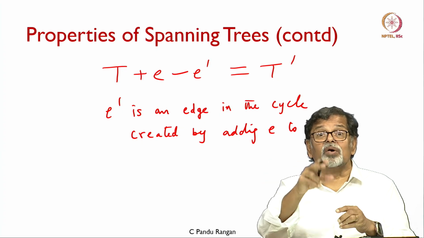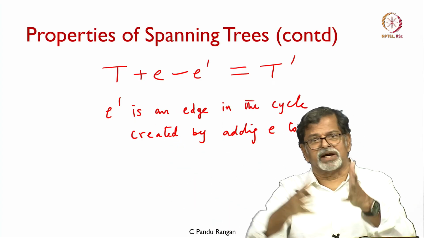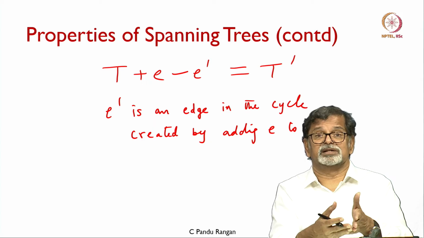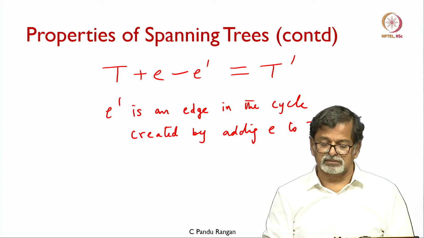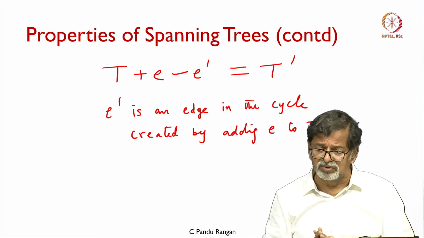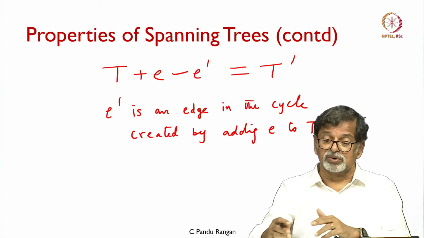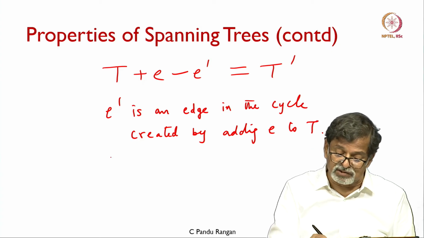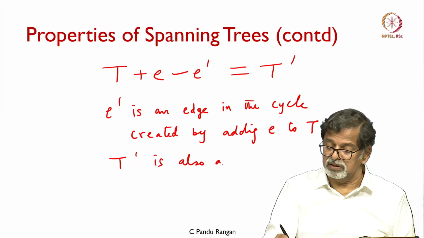E dash must be one of the edges of that cycle. If you remove any other edge, the cycle still will remain. That is not the idea. So we need to remove an edge of the cycle. Any edge in that cycle can be removed. The cycle is broken, the connectivity is there, so you get T dash. T dash is also a spanning tree.